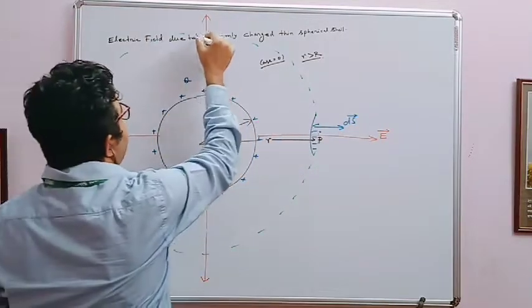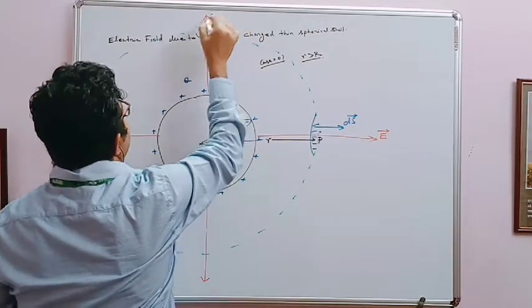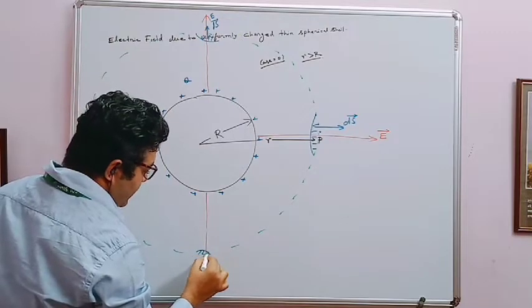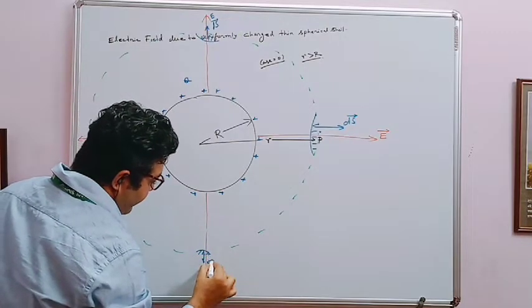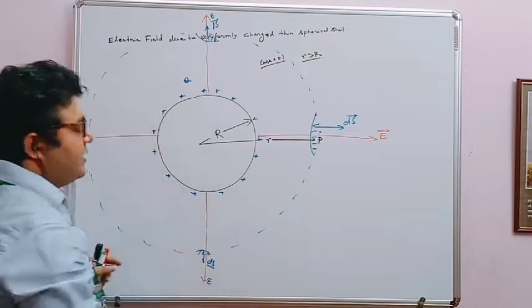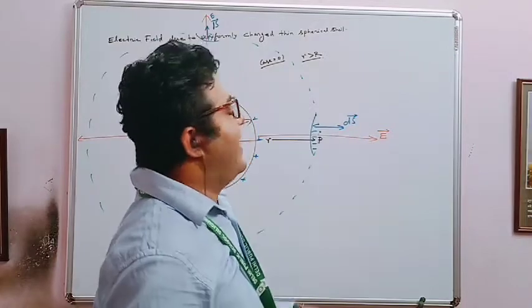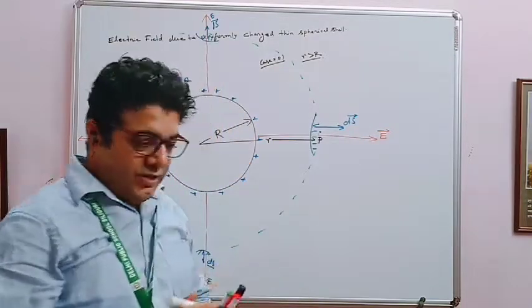If you consider here also, both are in the same direction. If you suppose this side also, area vector and electric field are in the same direction. So the first important thing is electric field and area vector make an angle of 0 degree.